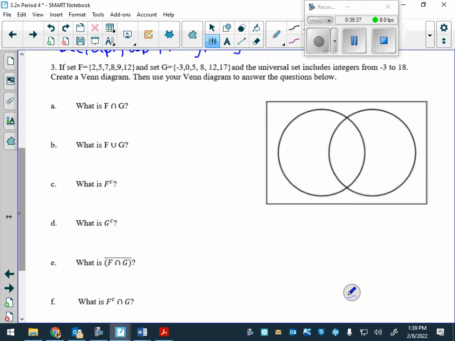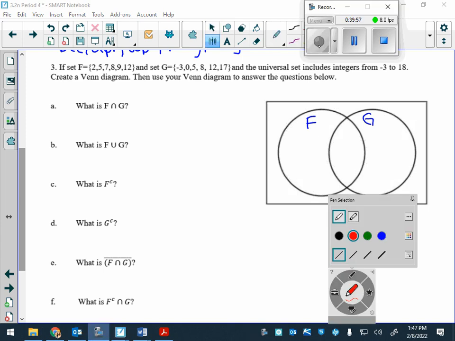You guys are going to try this one on your own. Okay? You have set F and G, and the universal set contains numbers from -3 to 18. So this whole Venn diagram has to include those numbers, -3 to 18. As far as your integers, which integers were in both F and G?